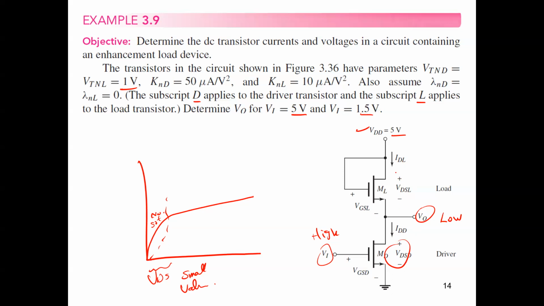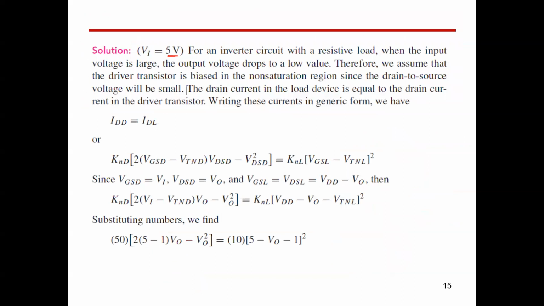So this means we can now make two equations. One equation for the drain current here in non-saturation region, and the other one here in saturation, because all of the time, this load is going to be in saturation region. This is the characteristic of that circuit, since VDS equals VGS. In this case, we can now say the current equations, I driver equals I load.